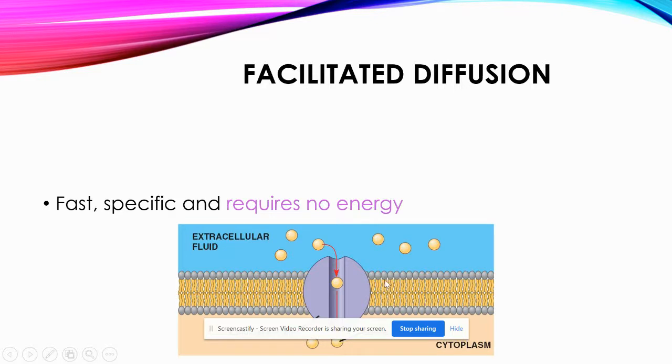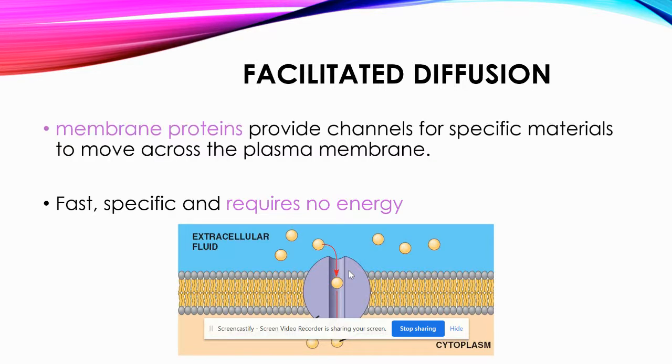So it uses a protein channel. The sugar is way too big to squeeze in between these phospholipids in the membrane. So it uses a protein channel. Protein channels are fast, specific, and they require no energy. Membrane proteins provide channels for specific materials to move across the plasma membrane. That's basically what I said.